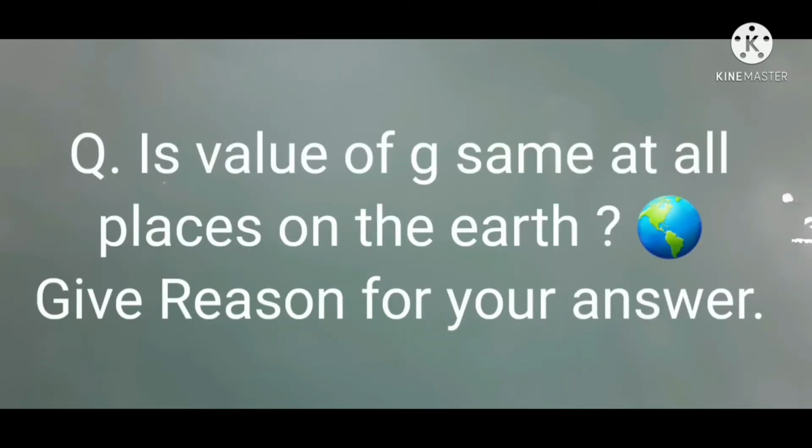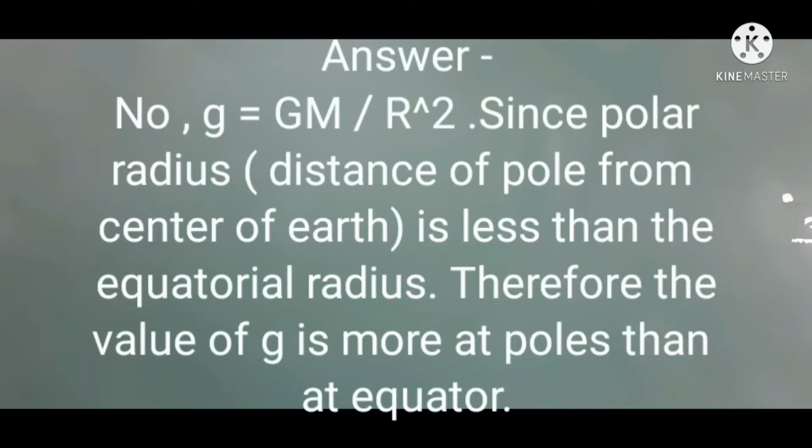Next question, is value of g, small g, same at all places on the earth? Give reason for your answer. Answer: no. Small g is equal to capital G M upon R square, since polar radius, that is distance of pole from the center of the earth, is less than the equatorial radius.